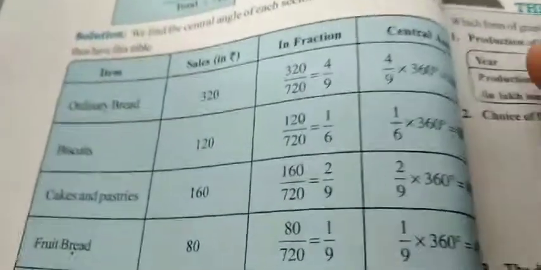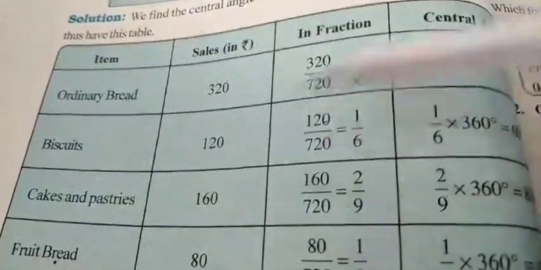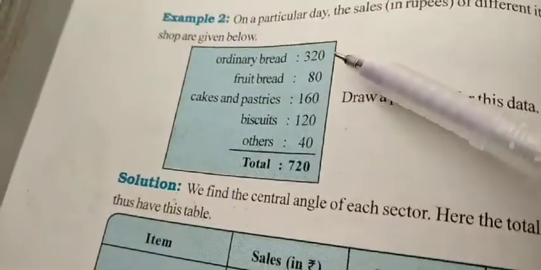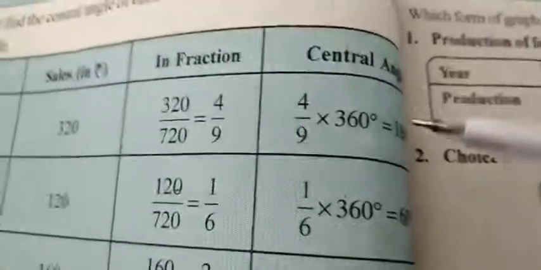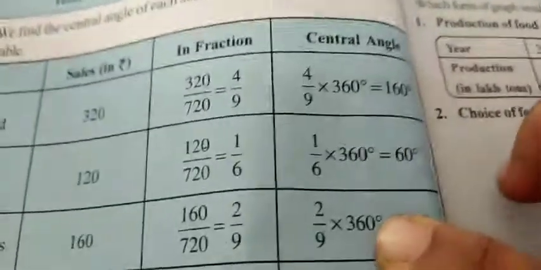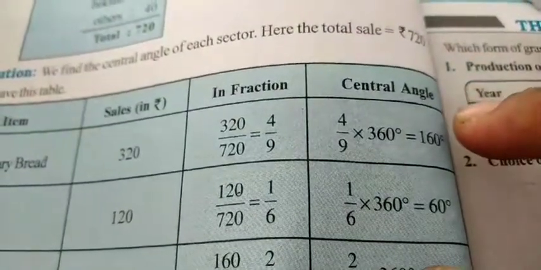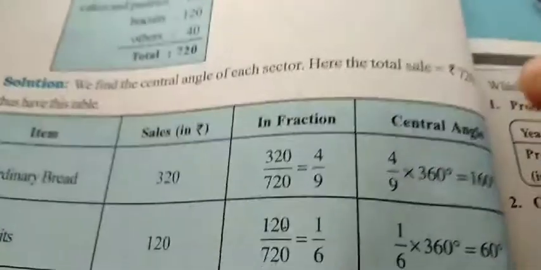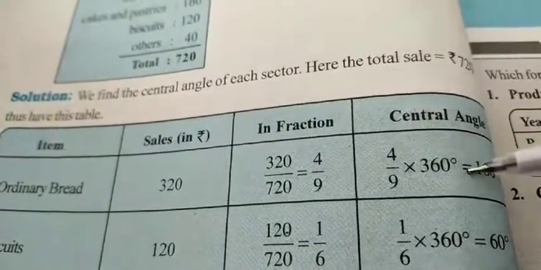So the columns, as I told you in the previous example: items, sales, fractions, as I had explained to you. 320 upon 720, 120 upon 720, convert into fractions and then convert the same into central angle. It would be better if you write central angle, and to calculate the central angle, you will multiply the obtained fraction with 360.